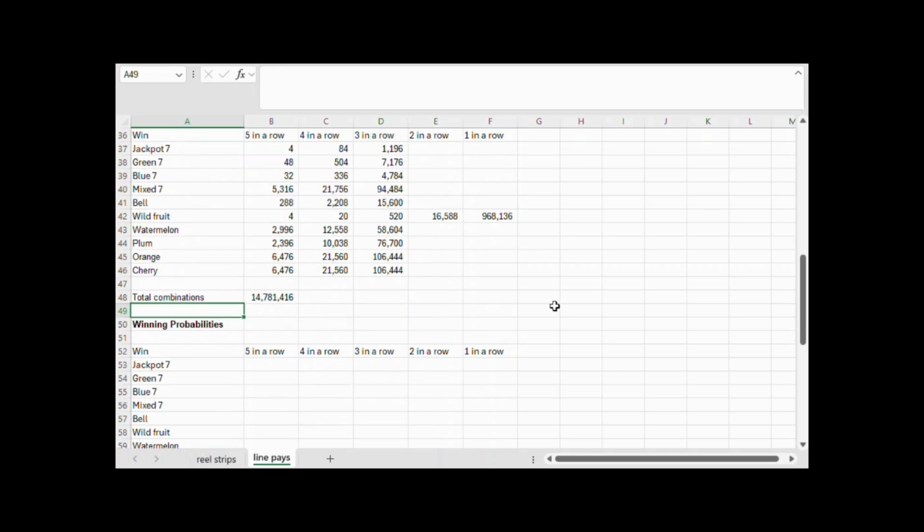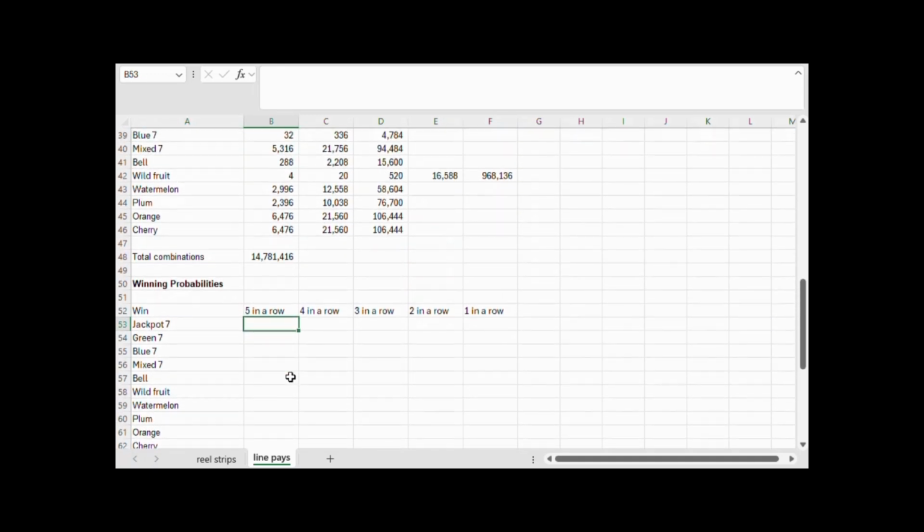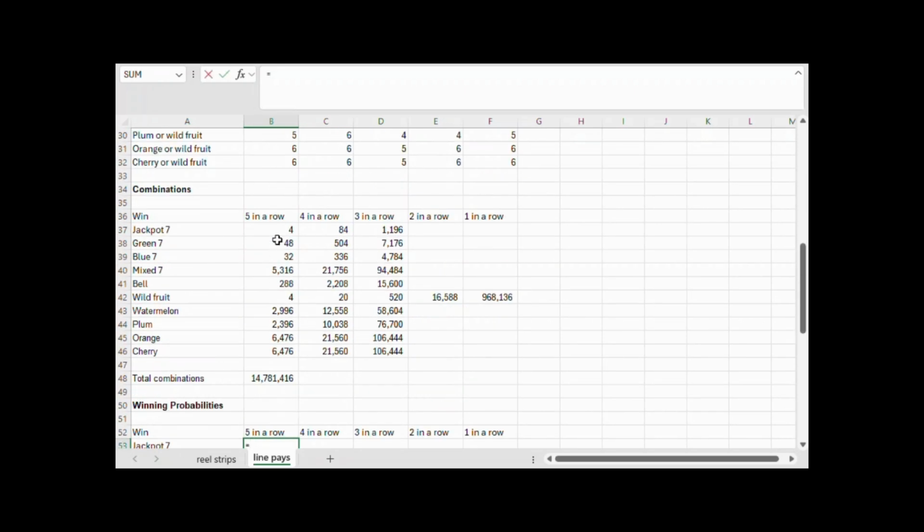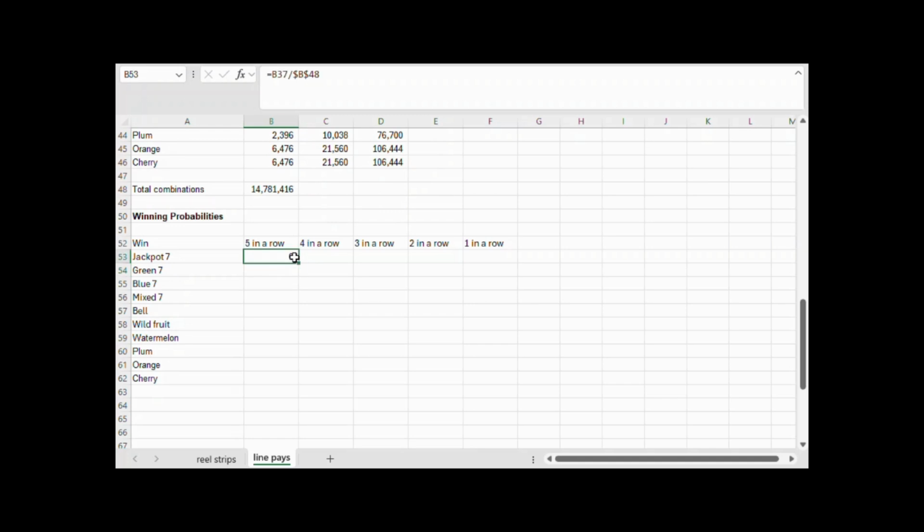So there we go. There are almost 15 million possible outcomes in this game, the way the reels can stop. So to get the probability of any given event, we just multiply the winning combinations divided by the total combinations. And I'm going to put dollars in that total combinations cell because I'm about to copy and paste it.